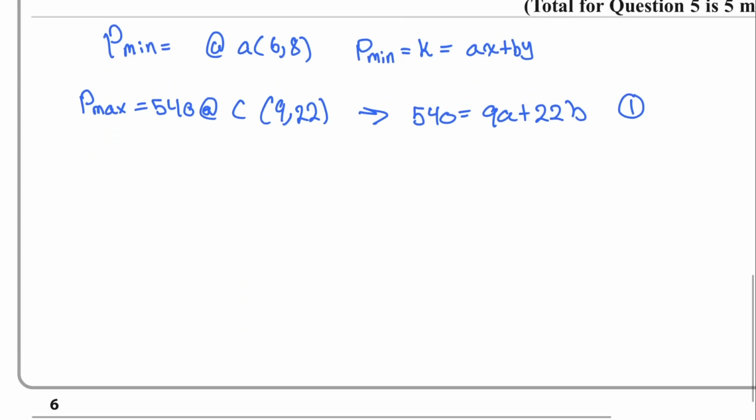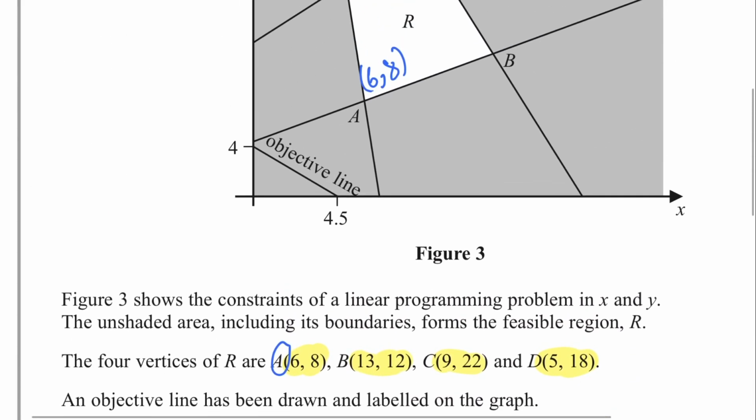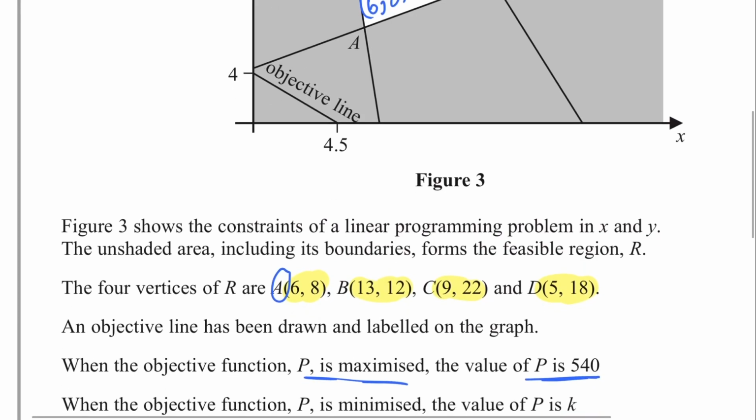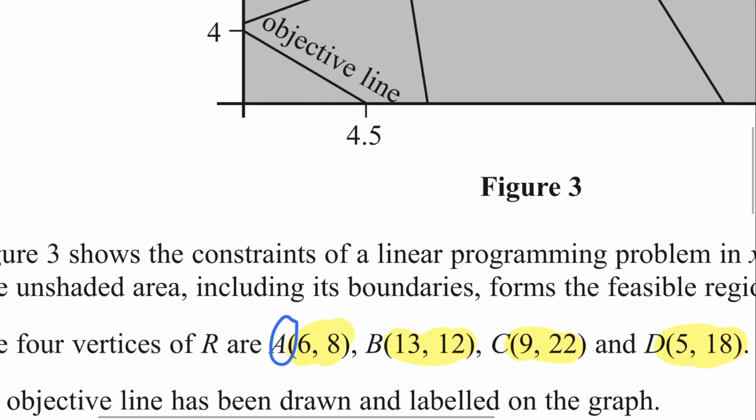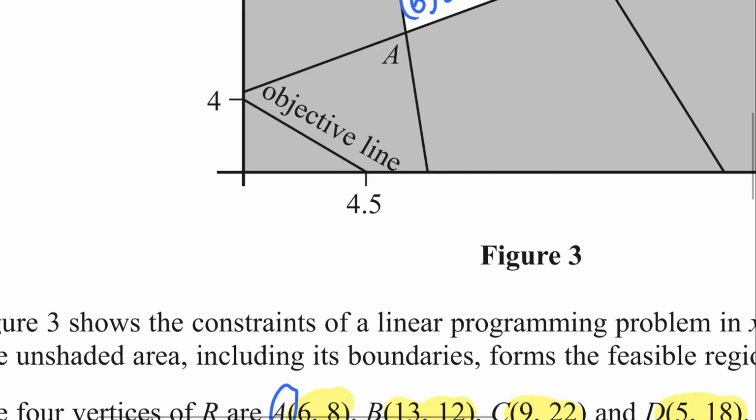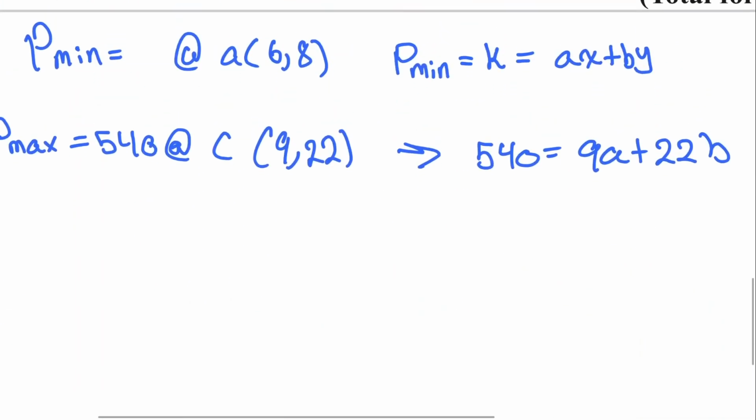For the second equation, we can take a look at the objective line that we are given here, find the gradient for this, and make an equation in terms of x and y as well. We can use rise over run to find the gradient. For every 4.5 blocks the objective line moves, it goes down by 4, so that's a negative gradient.